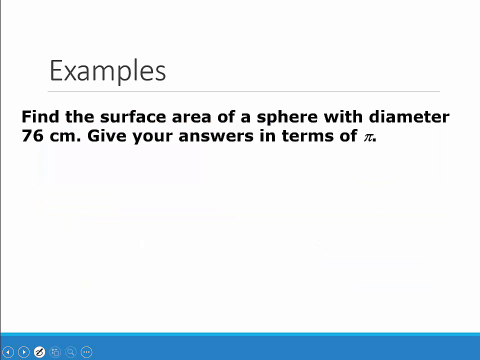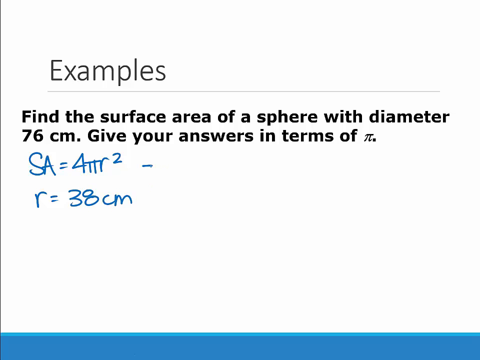So find the surface area of a sphere with a diameter of 76 centimeters. Give your answer in terms of pi. So remember, the formula for surface area is 4 pi r squared. So we don't need the diameter, instead we need the radius. So all we have to do is take 76 and cut it in half. So our radius is 38 centimeters.